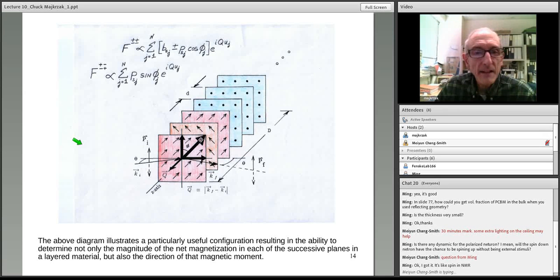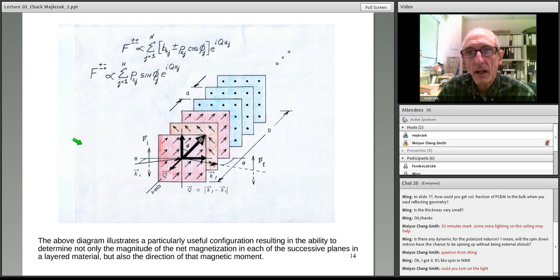Okay, now let's go on. And so now we see the great power of this, how we're able to get this information about the magnetization, magnitude, and direction.